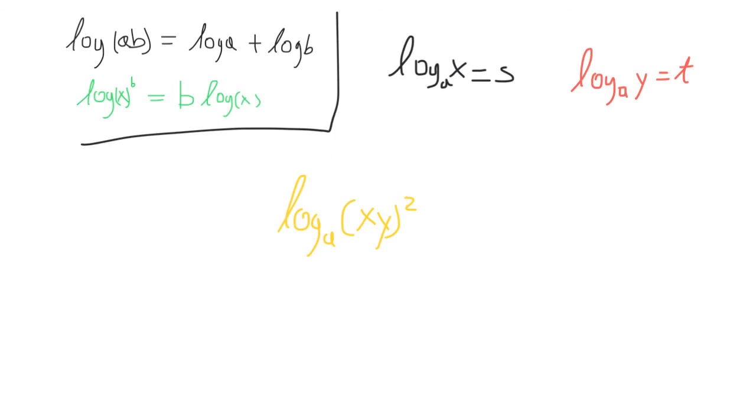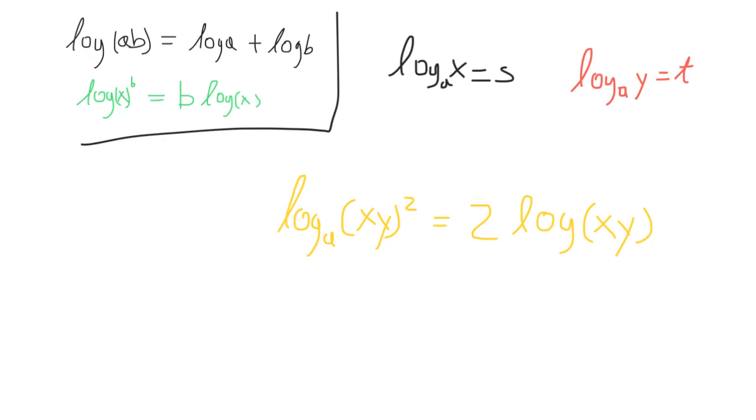So the first thing we could do is take that exponent of 2 and just stick it out front. And then we have that. Now, let's keep in mind, it is 2 times this entire log of xy.